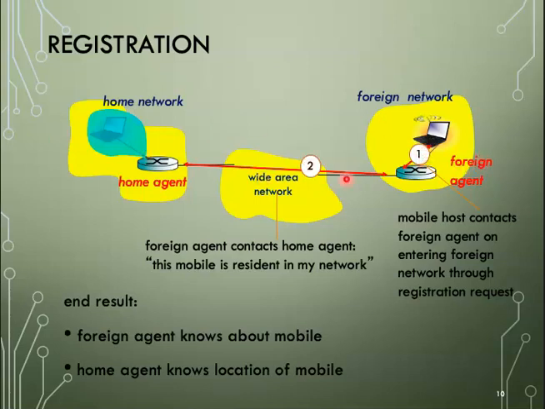The reply here will confirm or deny the registration request. So at the end of these processes, the foreign agent will be aware of the existence of this mobile host within its network, and the home agent will know the current location of this mobile host.